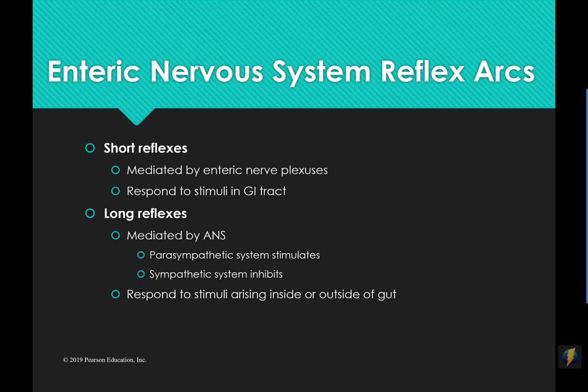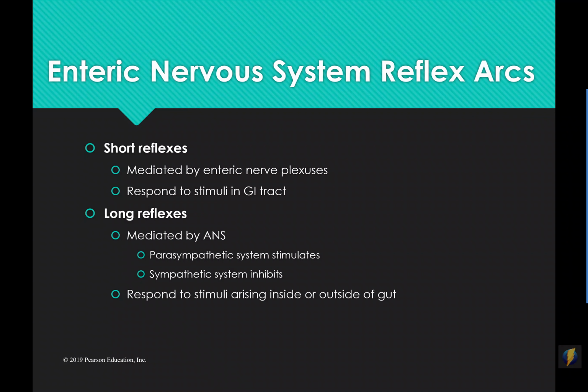Now, the long reflexes can also respond to things inside the gut. So let's say muscle stretch, or the sense that there are proteins in the stomach. But the other difference between the short reflexes and the long reflexes is that the long reflexes, in addition to all these enteric nerves, are going to involve the autonomic nervous system.